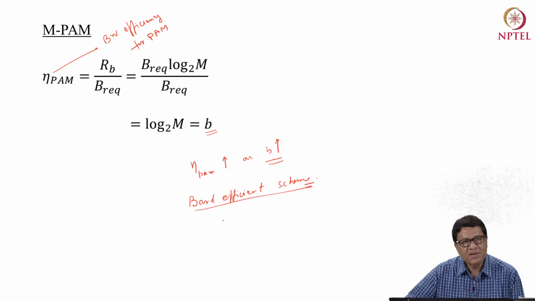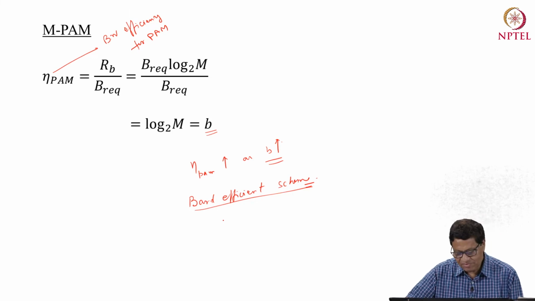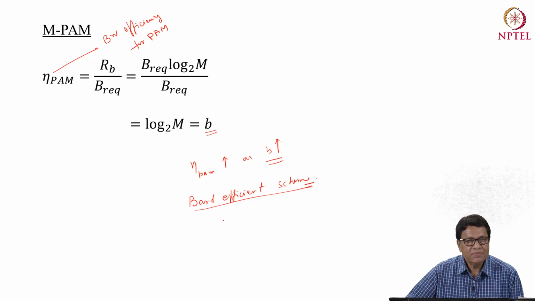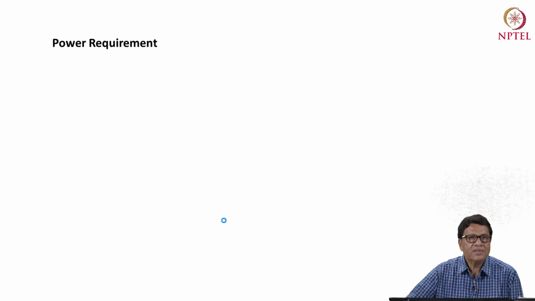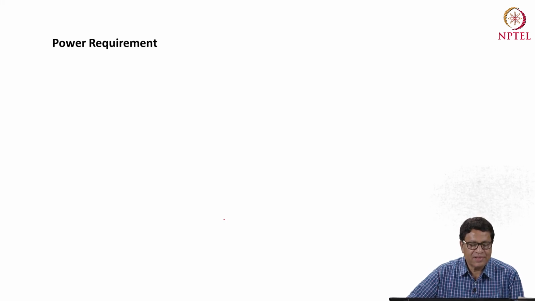So PAM is a good scheme for bandwidth efficiency, and PPM, as we saw in the earlier discussion, is good for power efficiency, or is a power efficient scheme. Now let us understand the power requirement. We had done some calculation for SNR.